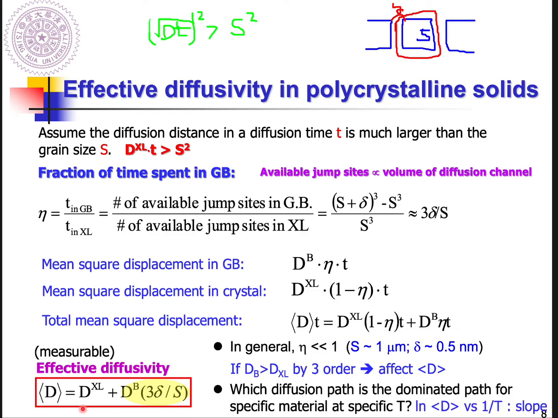So my suggestion is you can measure the diffusivity at different temperatures and plot log D effective diffusivity versus 1 over T. Depending on how many slopes you can fit, you can know how many diffusion paths exist in your material system.